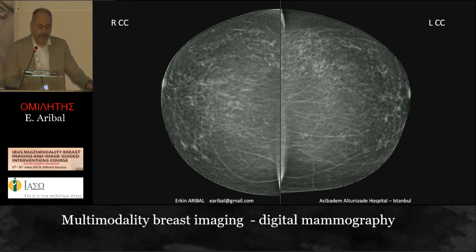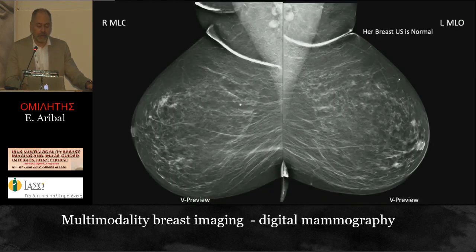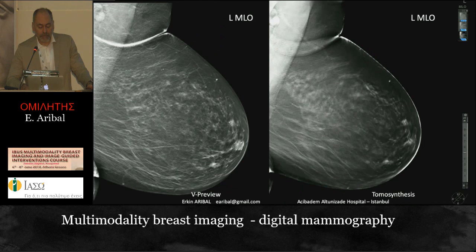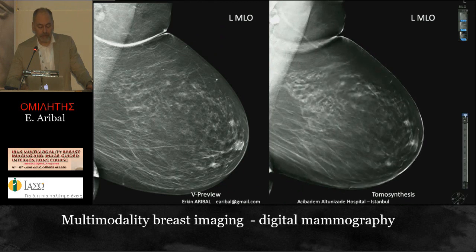In this case, we will see it. Here we see a lesion which looks like a spiculated mass of 5 millimeters. And here on the MLOs, we see 2 lesions on the left side, and we cannot decide which lesion was on the CC mammogram. So we had the tomosynthesis view of the same patient.